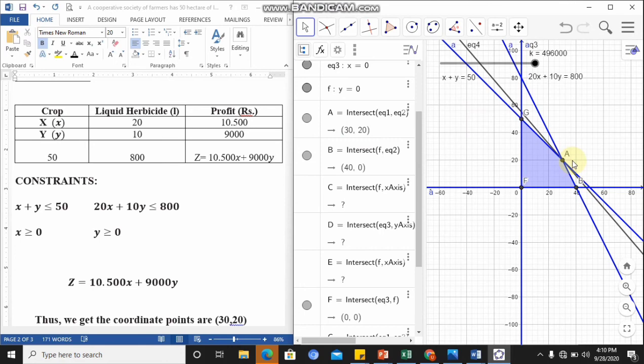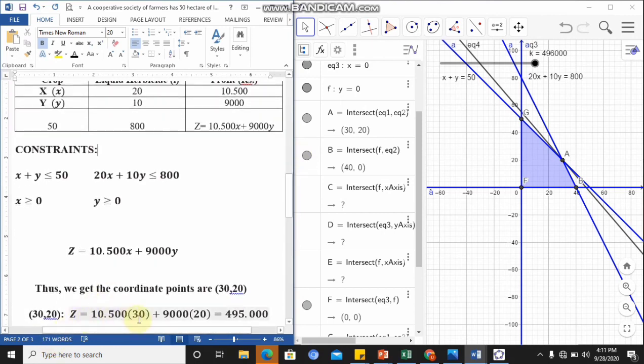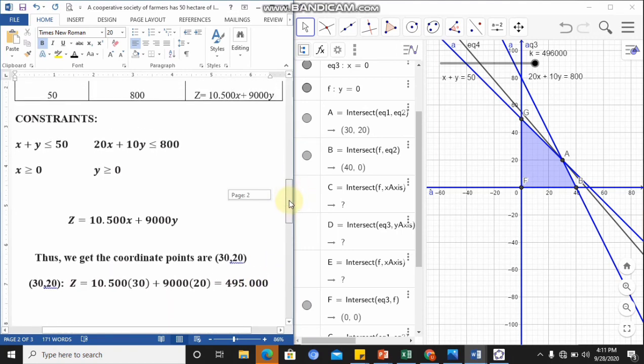The last point that intersects with the graph is the optimum point. So we must input this point x comma y into the objective function, and we get the maximum value, or the maximum profit, of 495,000.